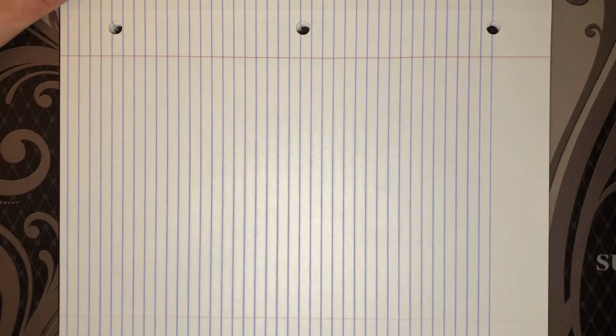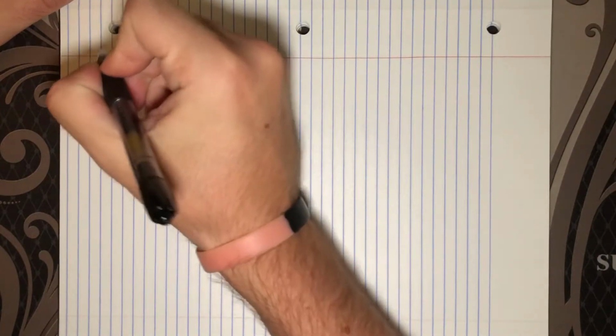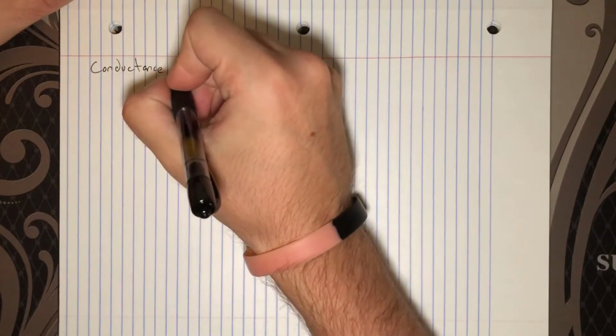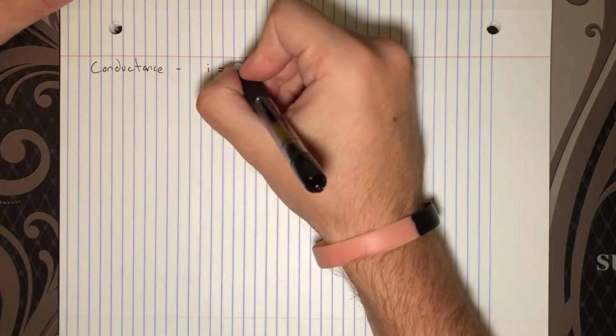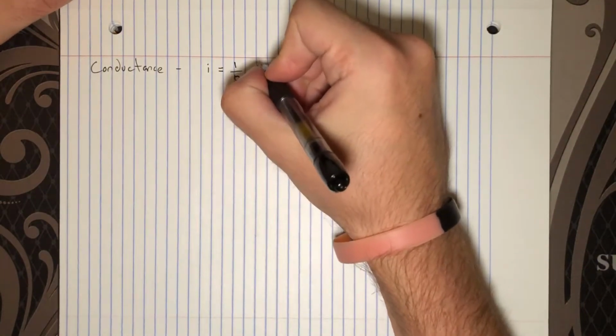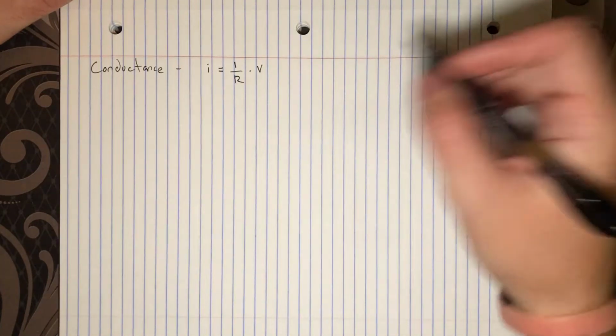But what happens if you isolate current? So let me write this out, conductance. What you'll see is I equals 1 over R times V. And all we're doing here when we say conductance is that it's the inverse of resistance.